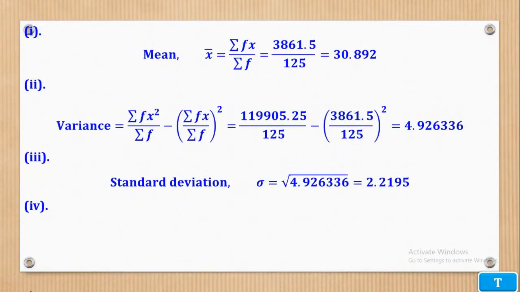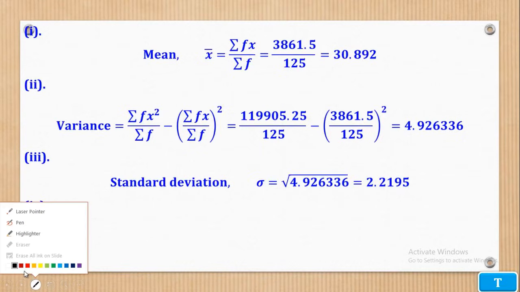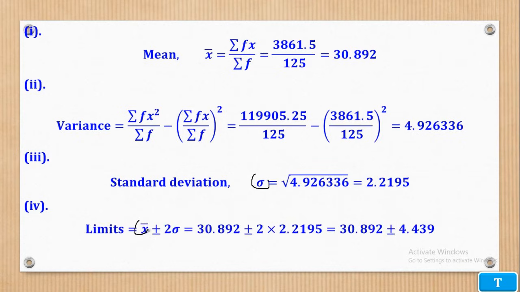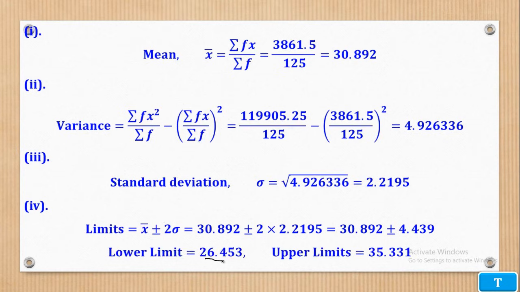It means that first you have to know the value of the mean, and also they talked about standard deviation. But for standard deviation they said 2 standard deviations. Therefore the limit will be mean plus or minus 2 times standard deviation. So when you substitute for mean and standard deviation, you come up with this. Therefore the lower limit will be this when you use minus, and the upper limit will be this when you use plus.